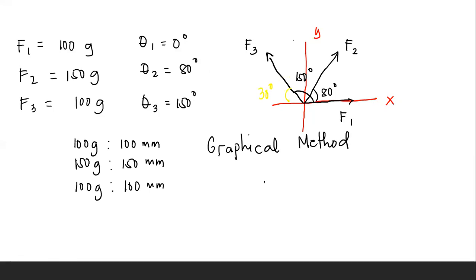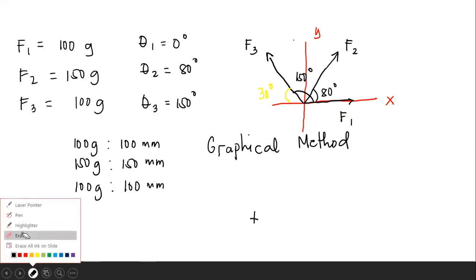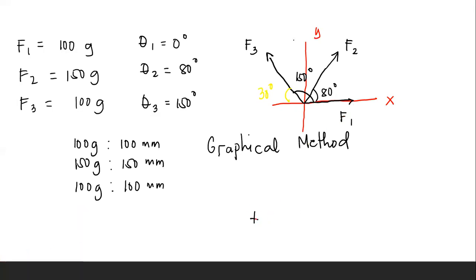Now, under the graphical method, you have your F1. Then draw your X and Y. You have your F1 from the origin up to that point. Measure 100 millimeters.